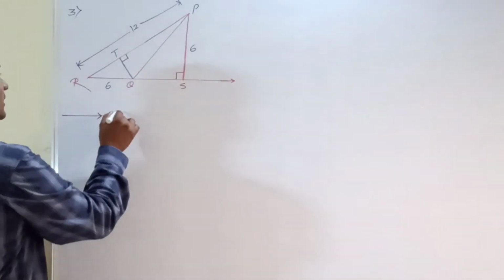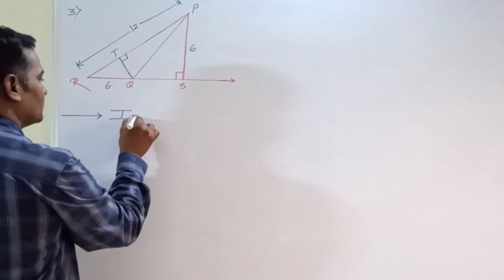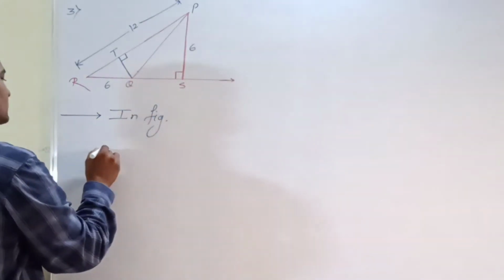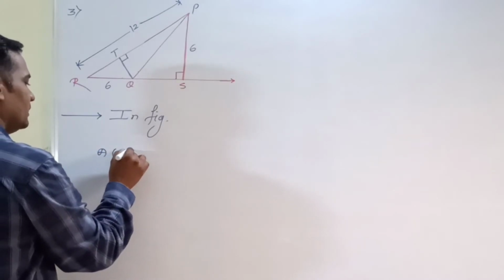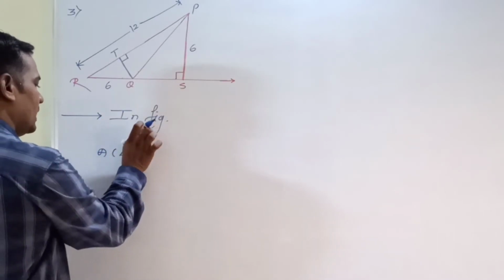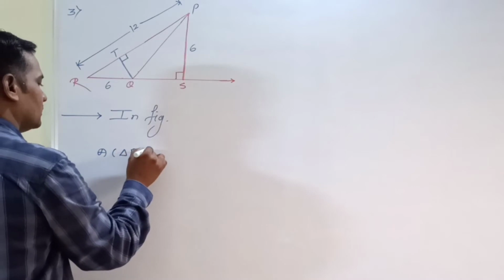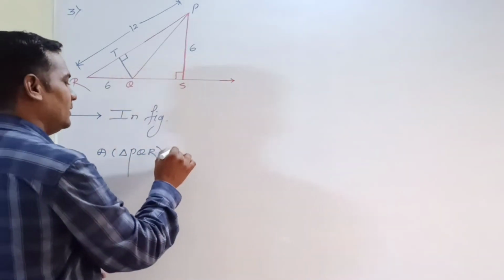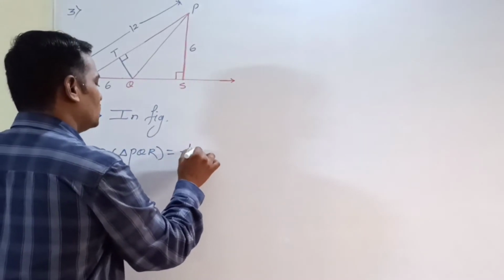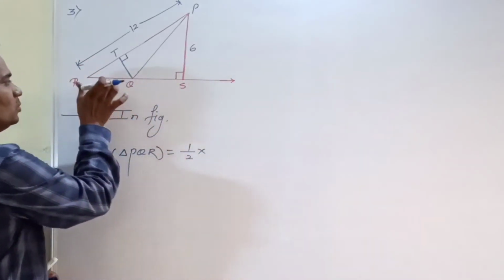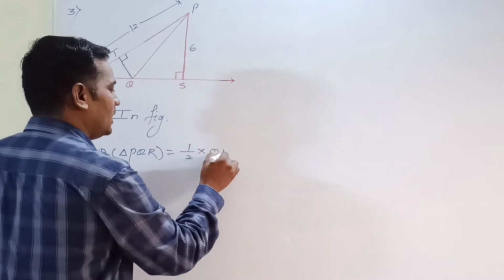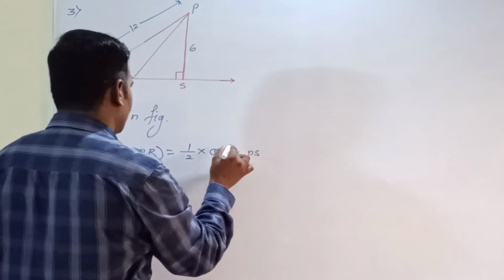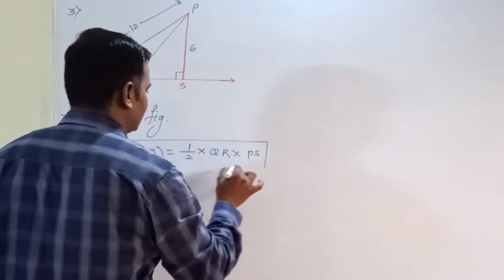In the figure, area of triangle PQR, we will directly take that formula: area of triangle PQR is equal to 1 upon 2 into base, QR is the base, into height, PS is the height.